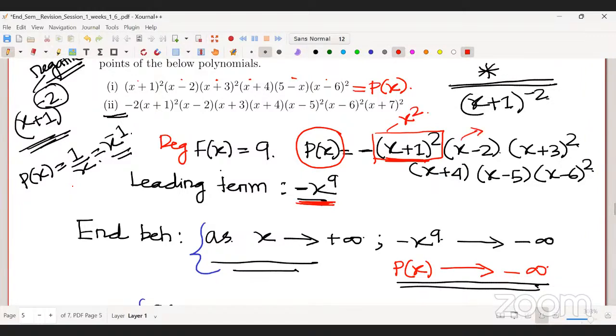From here we are getting x. From here we are getting x square. From this term we are getting x. From here we are getting x, and from here we are getting x square. And we have a minus sign here. This is minus, right? Only minus 1. So we are multiplying all these things, and in the end you will get minus x power 9, right?